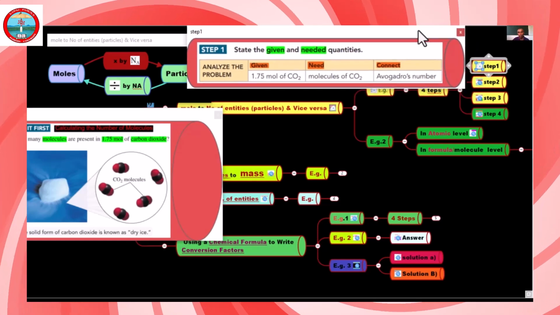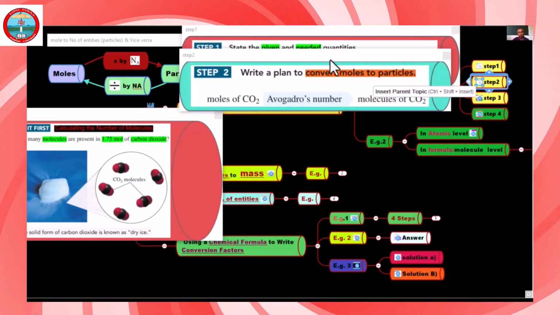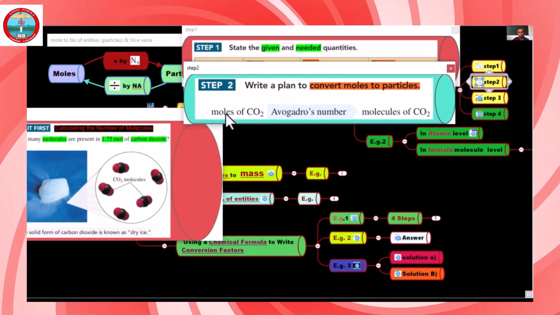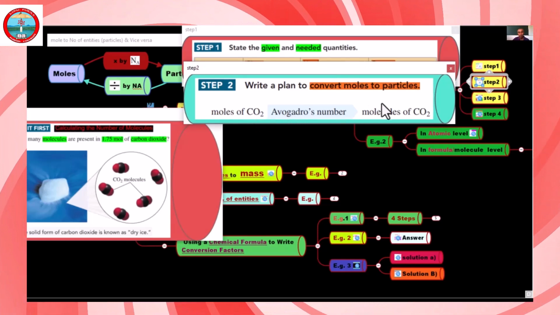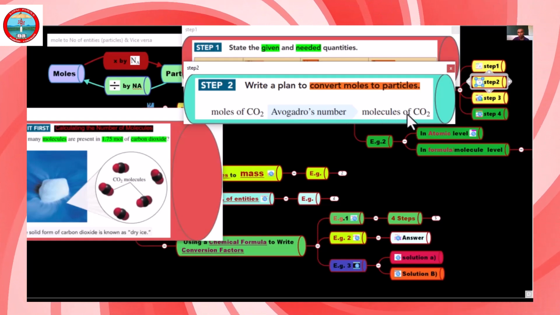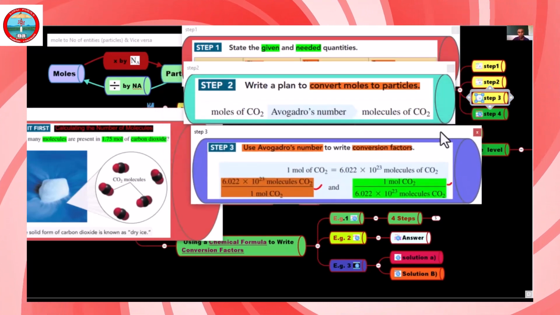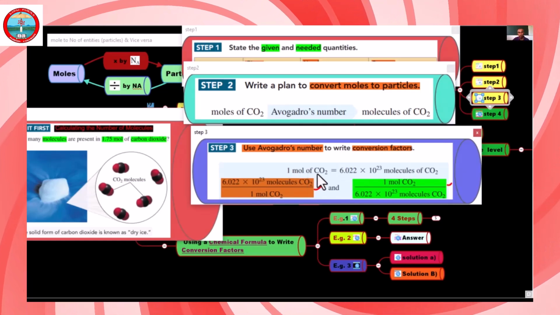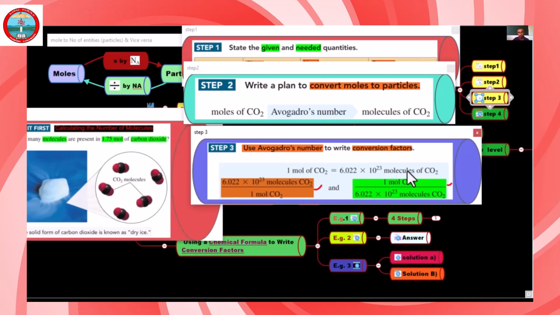The second step is to write a plan to convert the moles to particles. We have the given moles of carbon dioxide, then connect with the Avogadro number, and then change it into molecules of carbon dioxide. Step 3 is to use the Avogadro number to write the conversion factor. In 1 mole of carbon dioxide, we have 6.022 times 10 raised to positive 23 molecules of carbon dioxide.